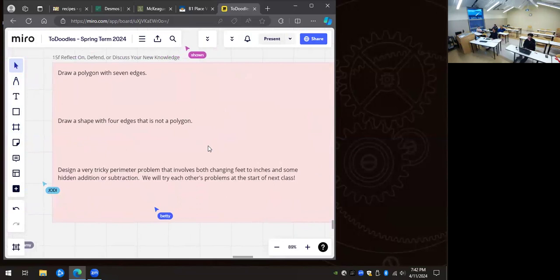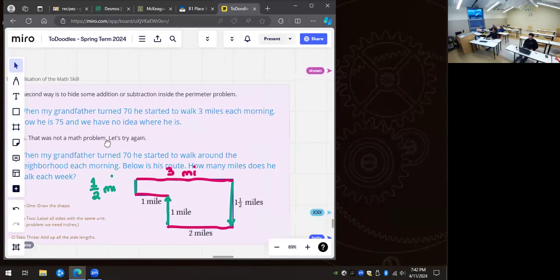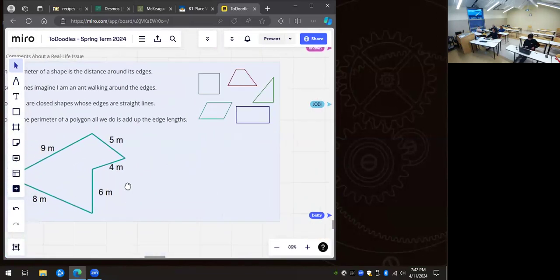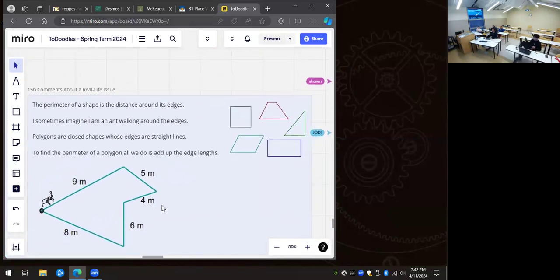So draw a polygon with 7 edges. So what are polygons? Let's go back to the first slide. A polygon is a closed shape whose edges are straight lines. So all of these things below are polygons. What's not a polygon?